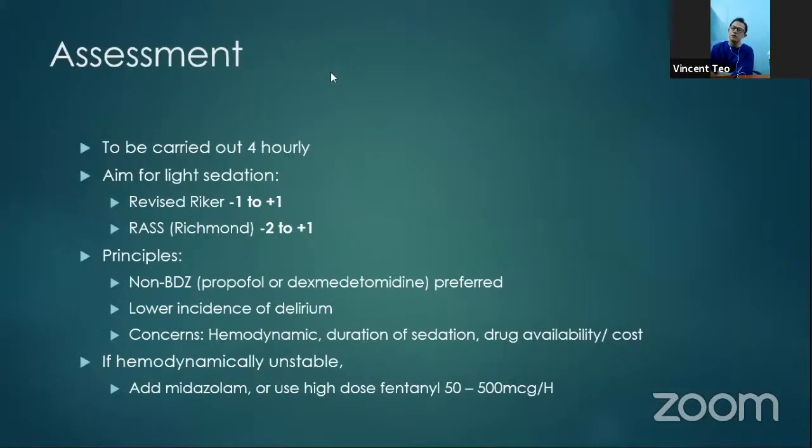So the principles of sedation, of course based on PADIS, is that a non-benzodiazepine is generally preferred.